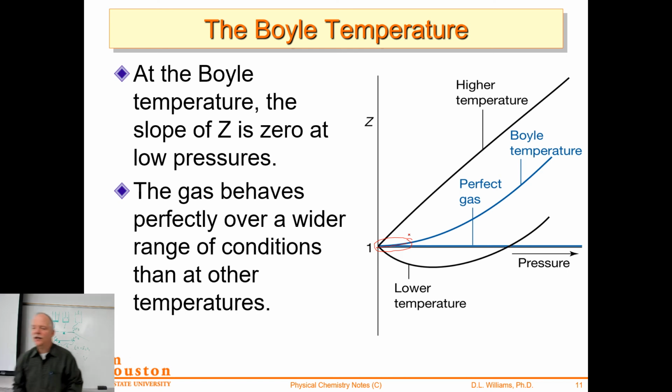So if the gases have at lower temperature a lower compression factor than you expect, then you raise the temperature. You could go too far and they have a higher pressure than you expect. Then if you come back down, there's going to be a sweet spot, a temperature where they behave ideally for quite a while. And so you can compare different gases with their boil temperatures to see how ideal they are.